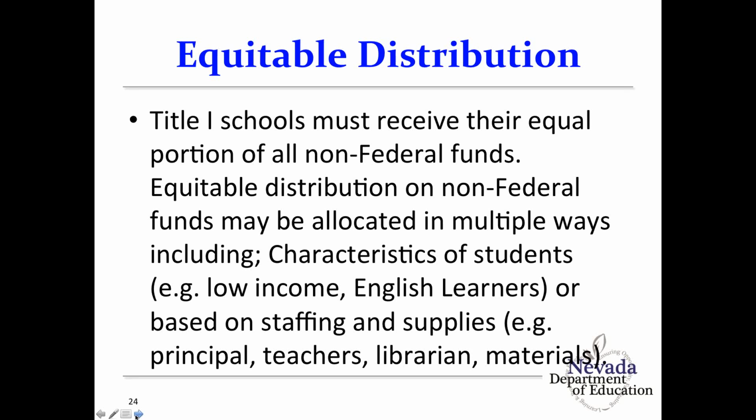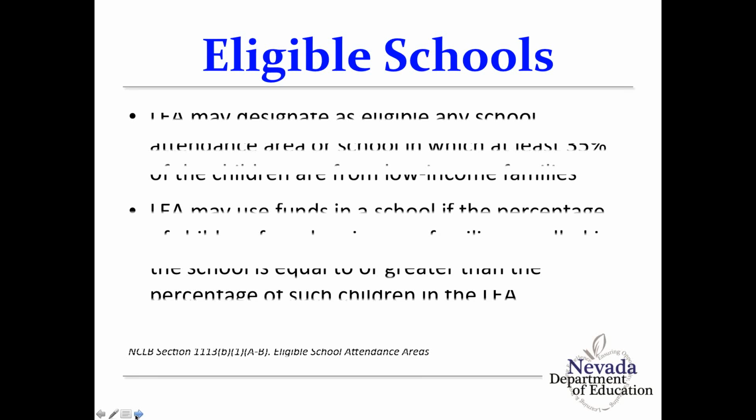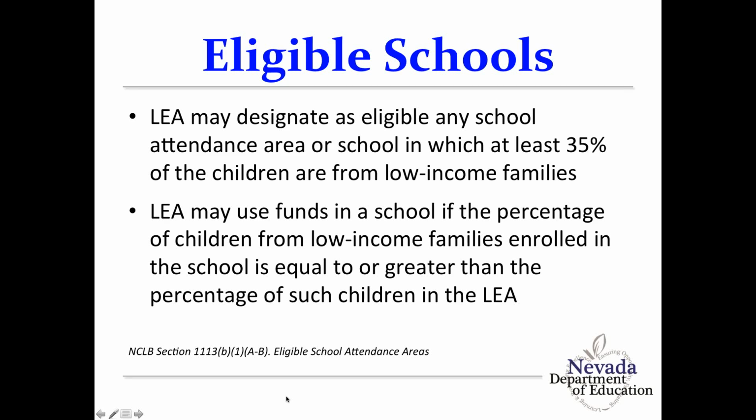All right, we'll move on to eligible schools. The LEA may designate as eligible any school attendance area or school in which at least 35% of the children are from low-income families. The LEA may use funds in a school if the percent of the children from low-income families enrolled in the school is equal to or greater than the percent of such children in the LEA.